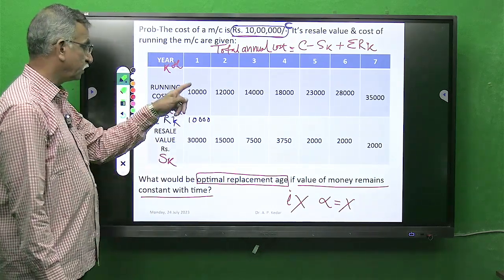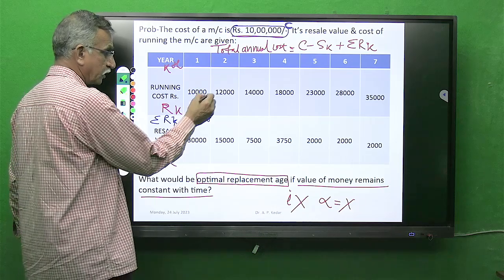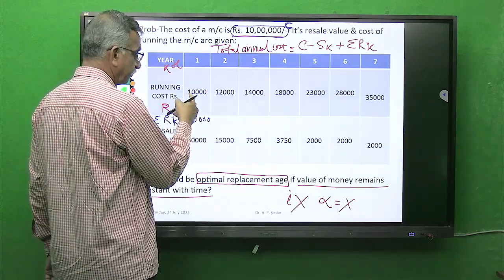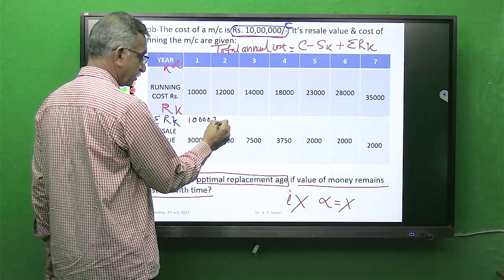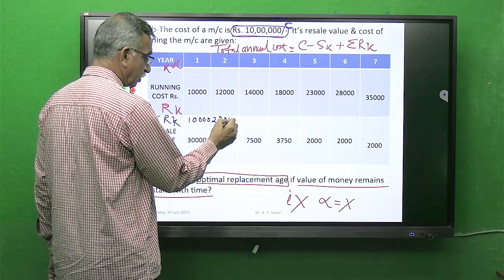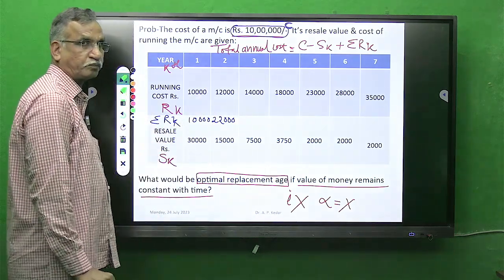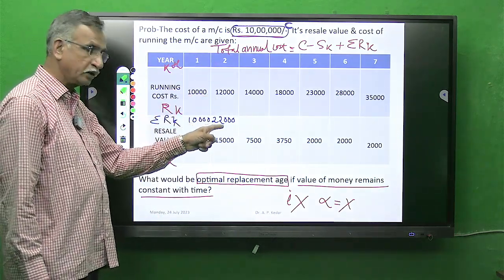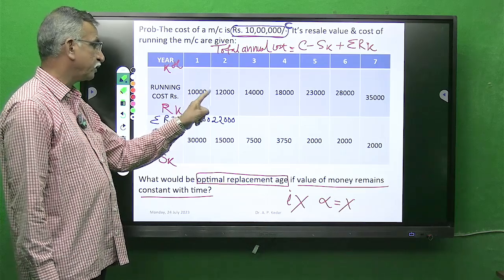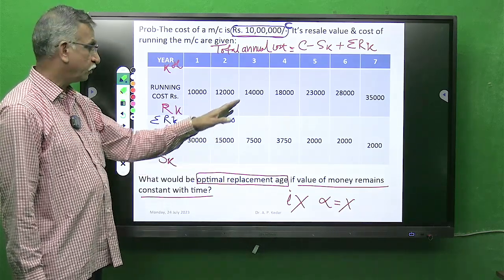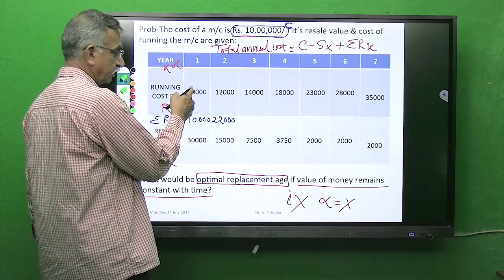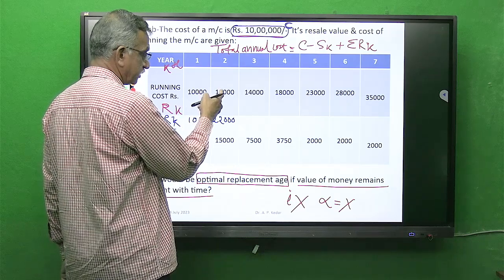For the second year, summation RK will be 10,000 plus 12,000, that is 22,000. This is very important. At the end of the second year, your summation will be this plus this. Similarly, for the third year, it will be the cumulative sum of this plus this plus this.